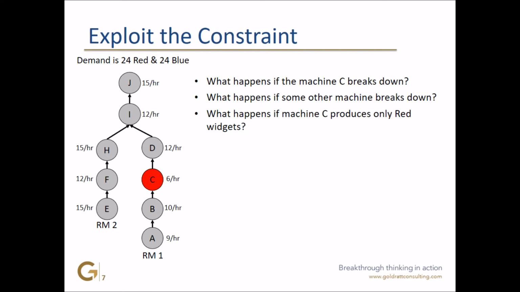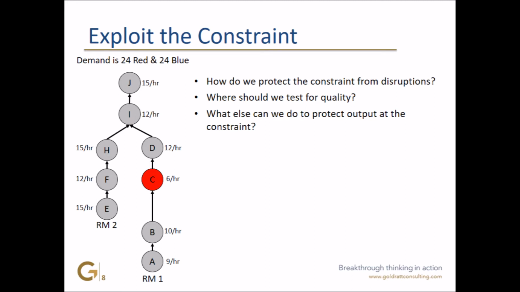So what else can we do? How do we protect the constraint from disruption? If we were to put in a quality control process, let's say, where would you put it in the system? Think about it. If you were to put in a quality control process, where should you necessarily put it in this flow?